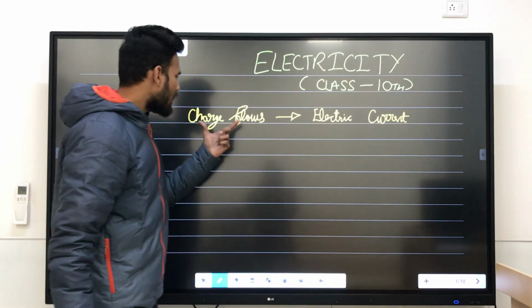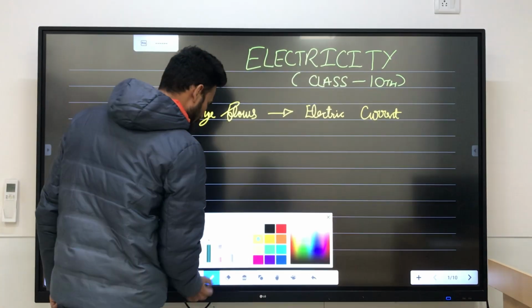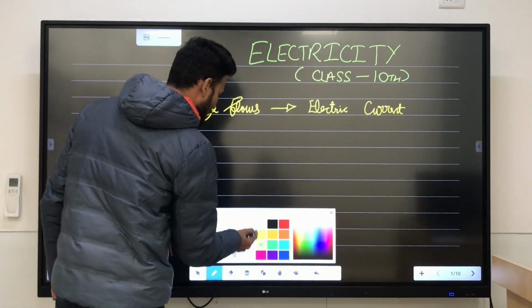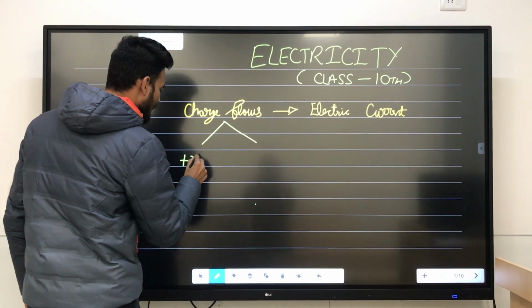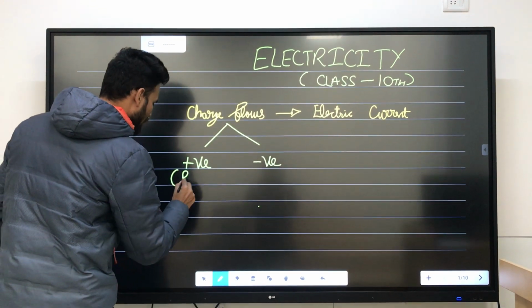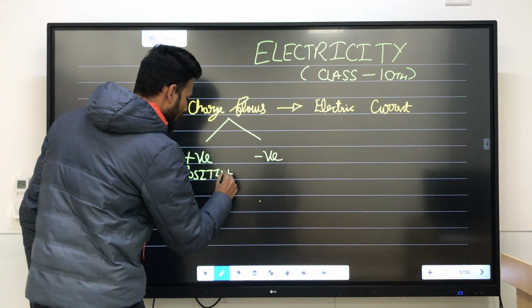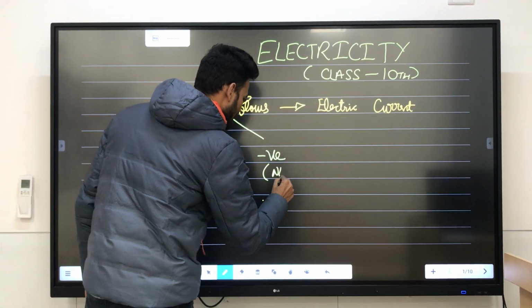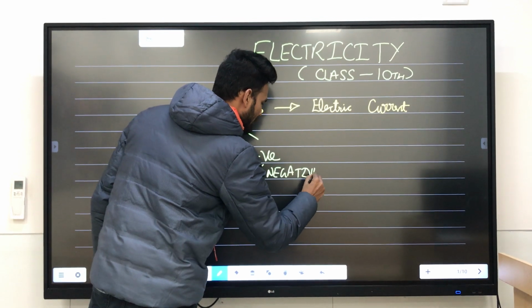Now, talking about the charge, what kind of charges are there? There are two types of charges, the positive charge and the negative charge.